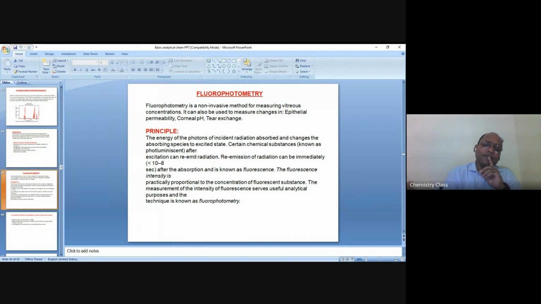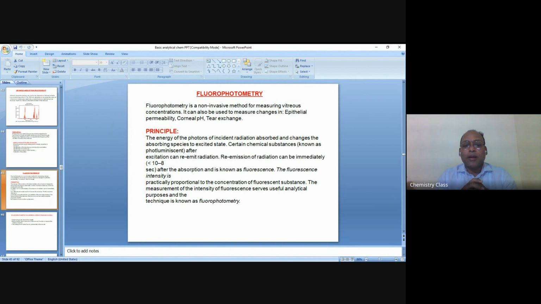If you have seen fluorescent tubes or fluorescent lights, this is the mechanism over there. This particular theory is applied there. Once anything enters that particular sample, there is absorption, and then emission is re-emitted. That is the double process, and that's why it is known as fluorescence.